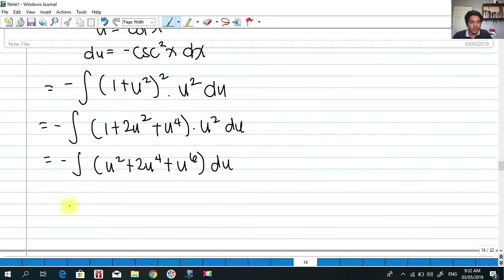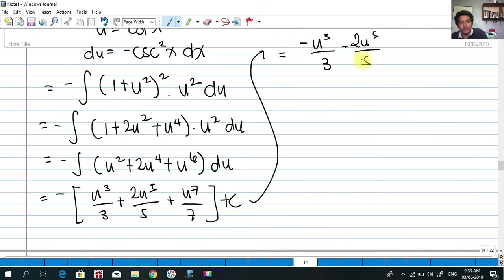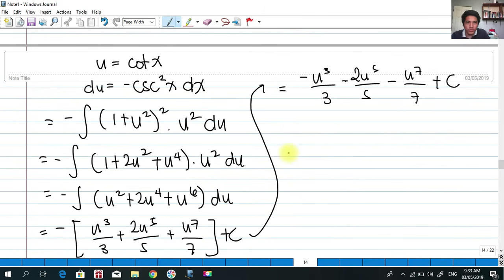Okay, and we have to get the integral of that. So u cubed over 3 plus 2u raised to 5 over 5 plus u raised to 7 over 7 plus c, and distributing the negative sign. So we have negative u cubed over 3 minus 2u raised to 5 over 5 minus u raised to 7 over 7 plus c. And now back substitution. So u is equivalent to cotangent.